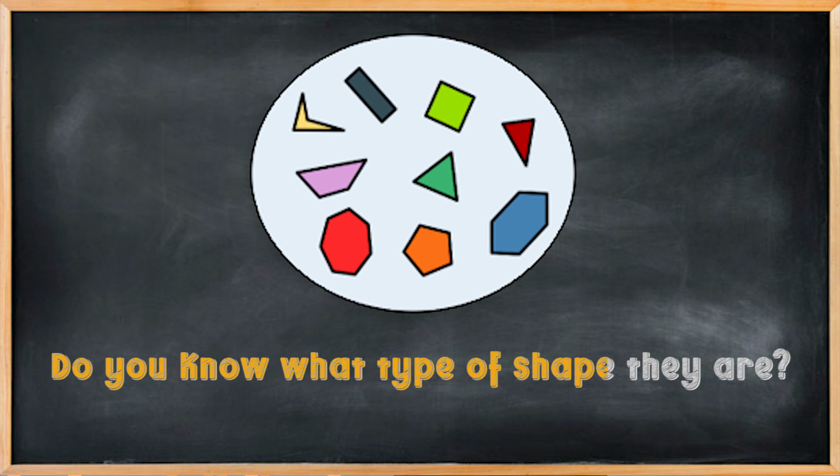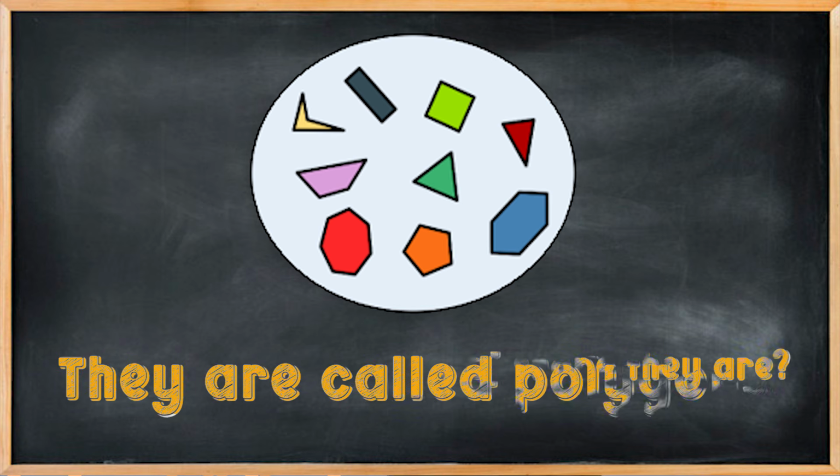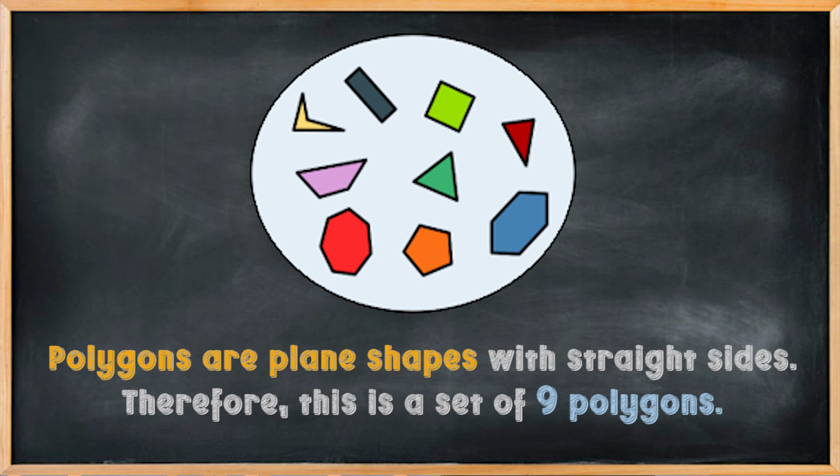Do you know what types of shapes they are? Yes, if you said they are polygons, you are absolutely correct. Polygons are plane shapes with straight sides. Therefore, this is a set of 9 polygons.